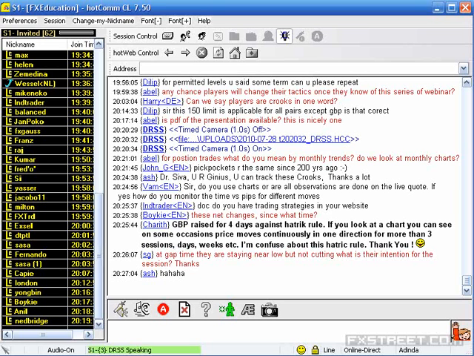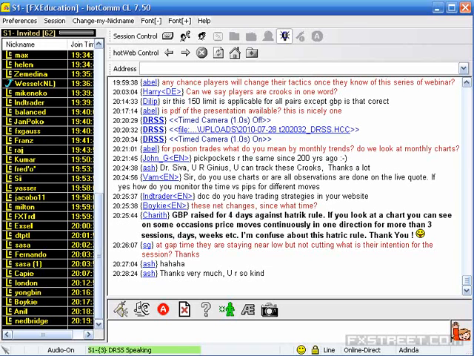Well, do you use charts, or are all the observations done only using the live market quote page? I use only the live market quote page nowadays, for the past 10 years. Earlier I used all types of charts and also all the sophisticated statistical analysis, beyond what is available ready-made now. I used to do the calculations manually.